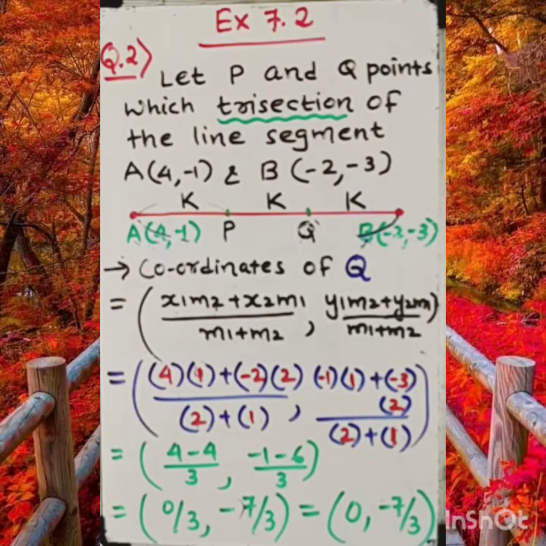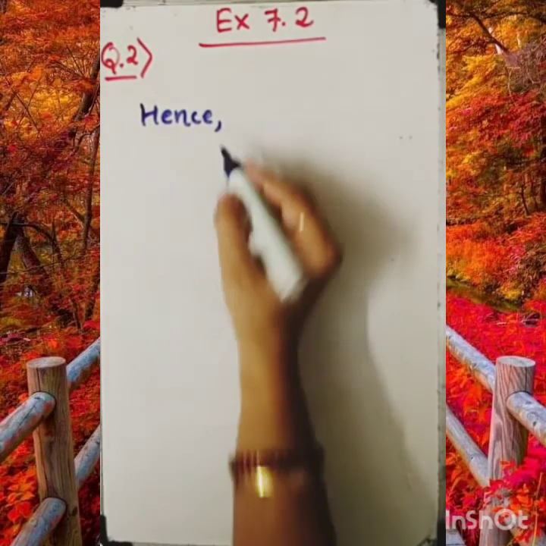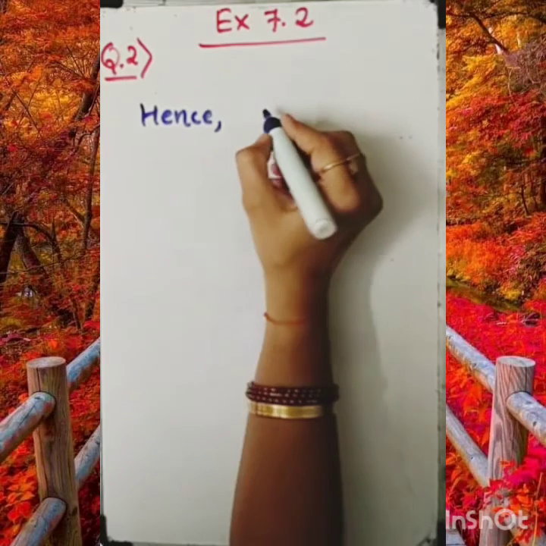Dear students, these are the coordinates of point Q. The requirement of the question says we have to write the coordinates of these 2 points, so I am writing the final answer in statement form.